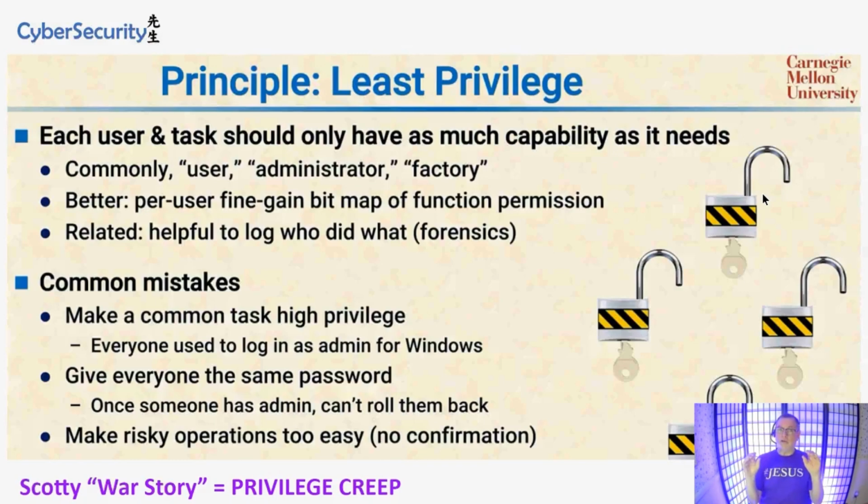It's more granular, and again, minimum for this one and minimum for this one are 2 different levels. You need to think about that. And my example, if you look down at the bottom, I call it privilege creep.